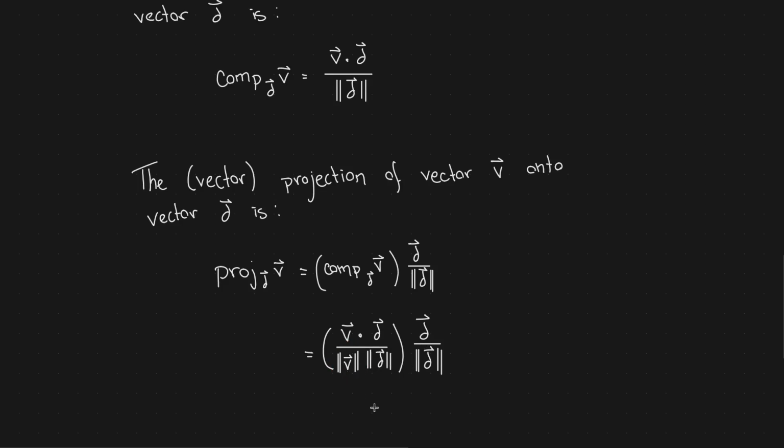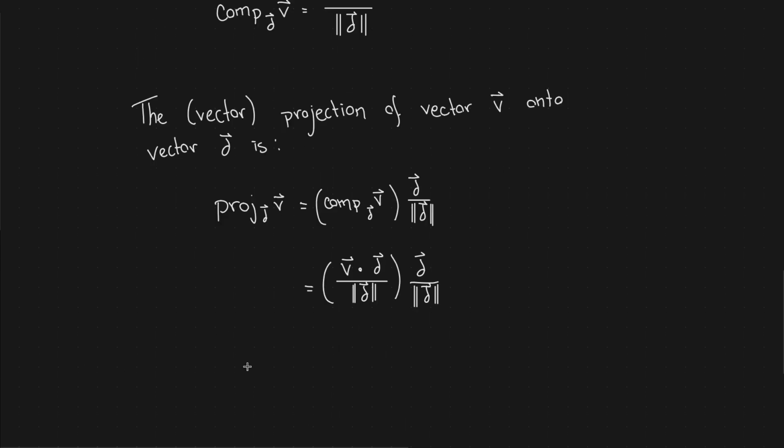There's no norm of v down here, right? Just the norm of d. And we could simplify that by just combining our denominators down here. If we multiply them together, we get the dot product of v and d over the norm of vector d squared times vector d.